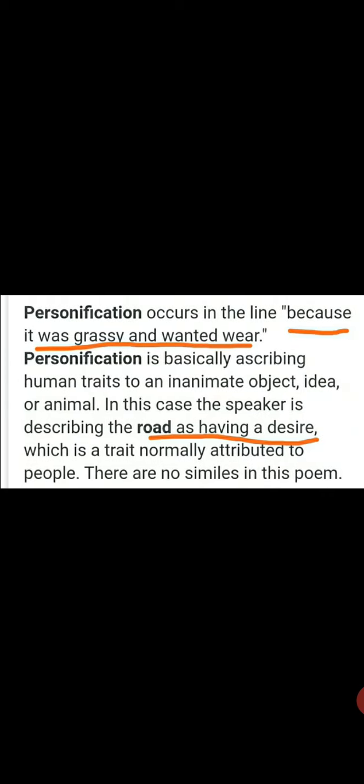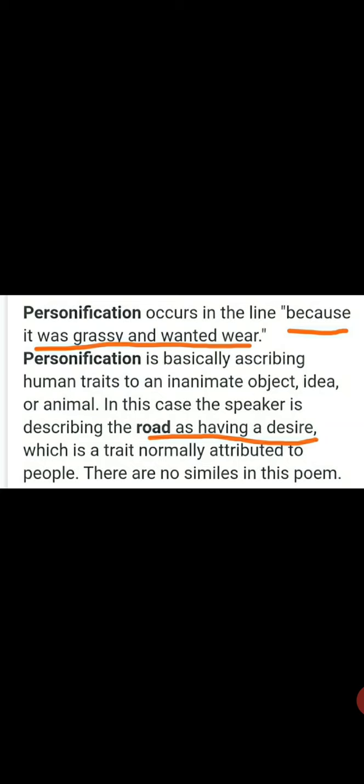Personification is the attribution of a personal nature or human characteristics to an inanimate object or idea or animal.